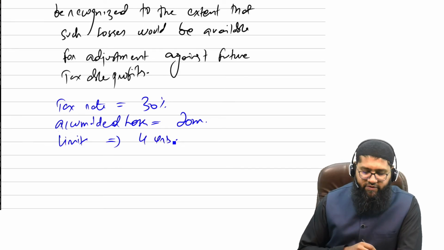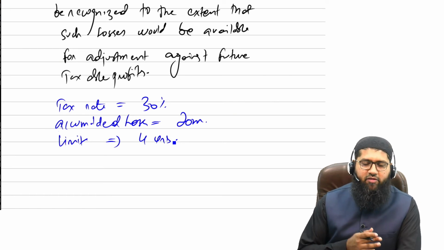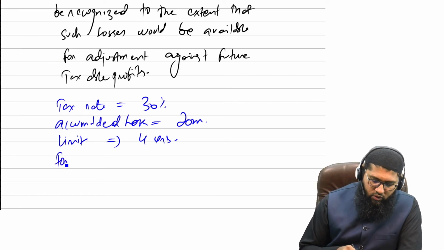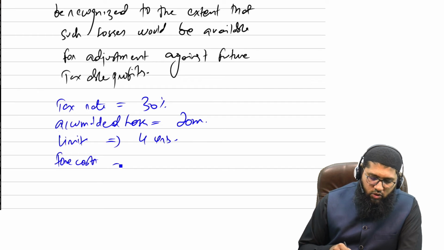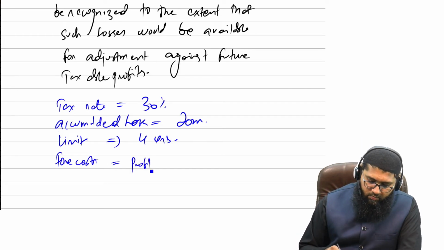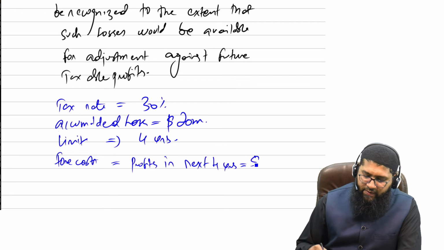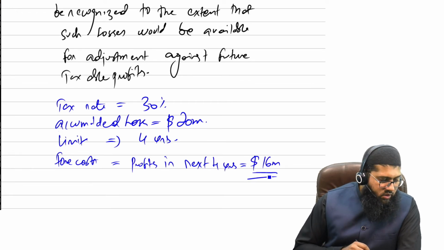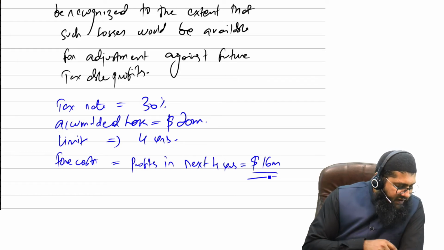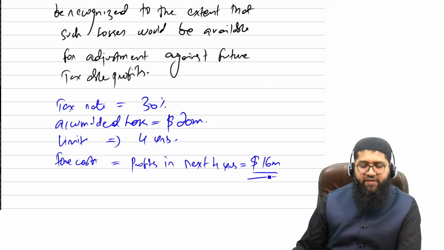I repeat, the tax rate is 30%, and there is a limit that these losses could be carried forward for 4 years. Your forecast shows that the profits in the next 4 years are going to be 16 million.